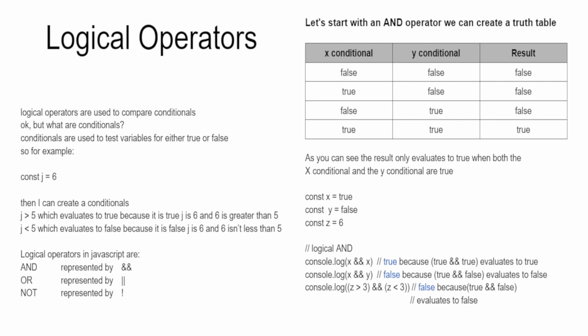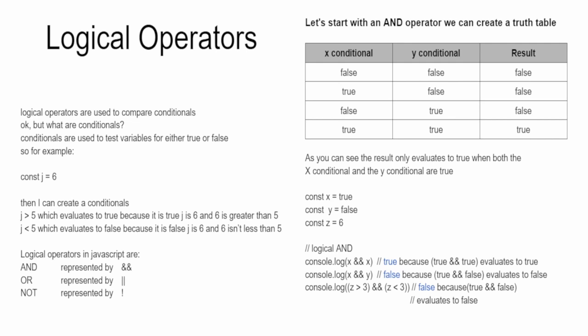So if I set a constant X to true, and a constant Y to false, and a constant Z to 6, I can set the following logical examples. Console log X and X gives true because true and true evaluates to true.